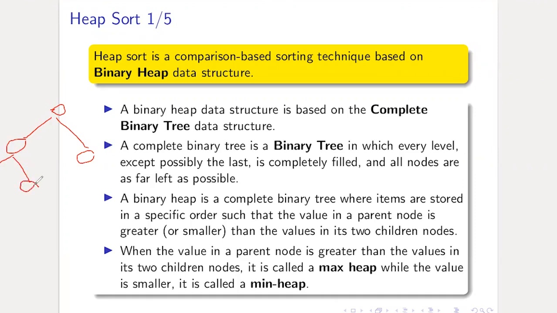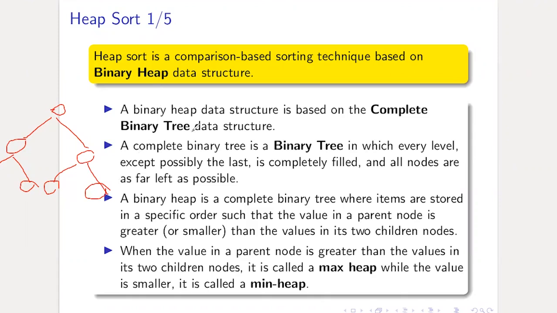And if you get another, say, 1 item, then you fill the left like that. And if you get another 2, then you fill this. So always you are creating these nodes going to the left. Okay, so that's how you get a complete binary tree.